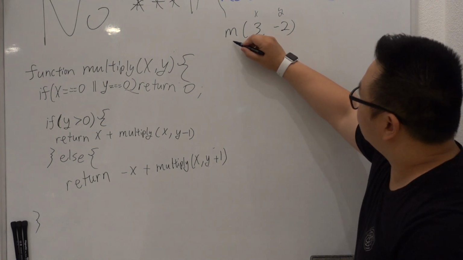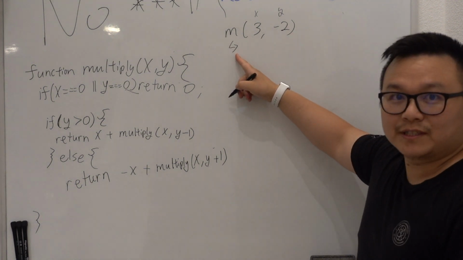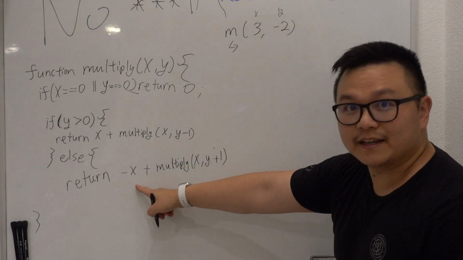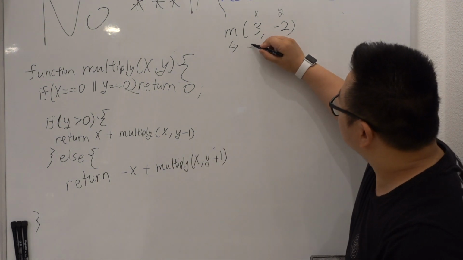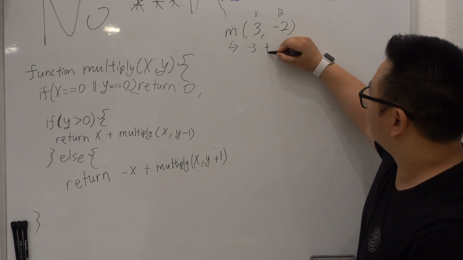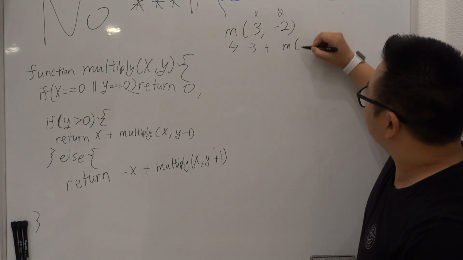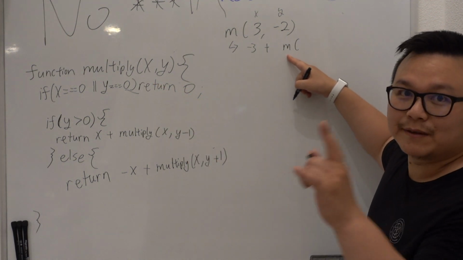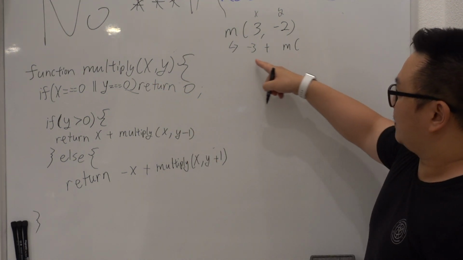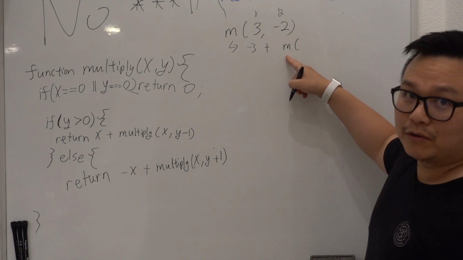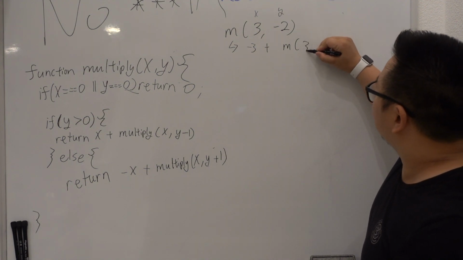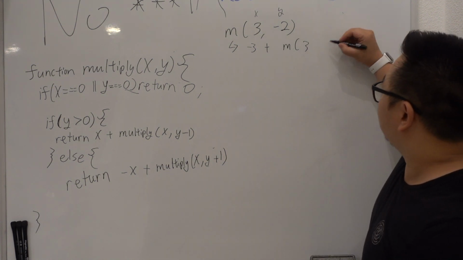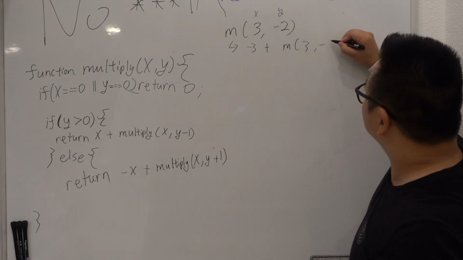We'll return, this is the return symbol, by the way, negative x, which is negative 3, plus. M is short for multiply in this function, to save space. So it's negative 3 plus multiply 3 and y plus 1. Y is negative 2, negative 2 plus 1 is negative 1.